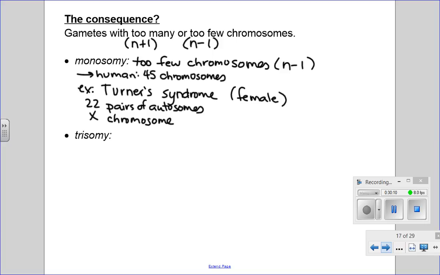They are missing one chromosome. So mono means one. So normally we have chromosomes in pairs. Here we have a chromosome that's all by itself. So this is where we're getting the idea of mono from. We have a chromosome that is all by itself, that is non-paired.